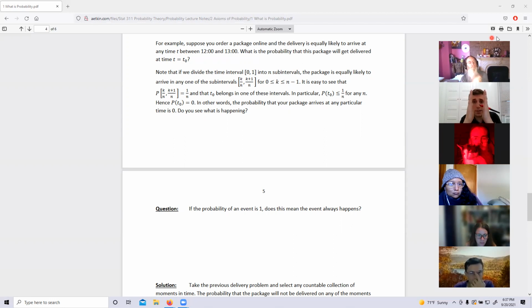So when I cut into intervals, I'm just saying that the probability of the delivery person arriving at that very moment is less than the probability corresponding for that interval, less than 1 over n.